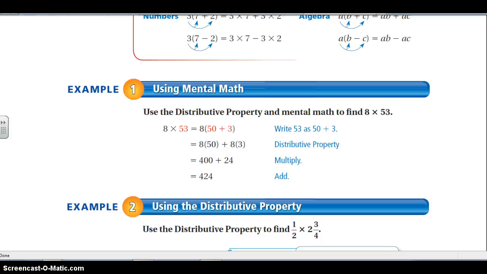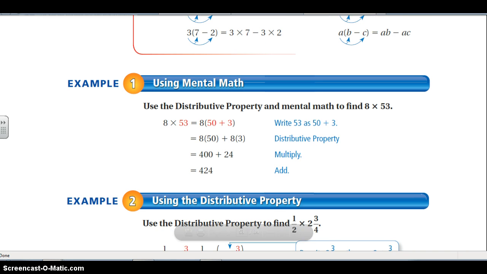Okay? 8 times 50 is easy. 8 times 5 is 40. Add another 0, 400. Plus, simple math, 8 times 3. That's 24. Easily added, 424. Mental math. You should have jotted all that down.